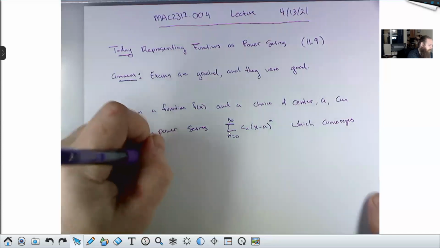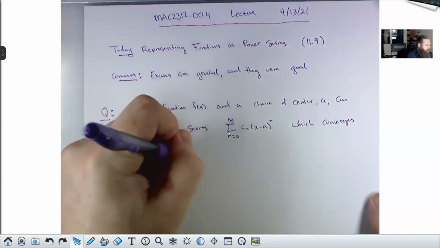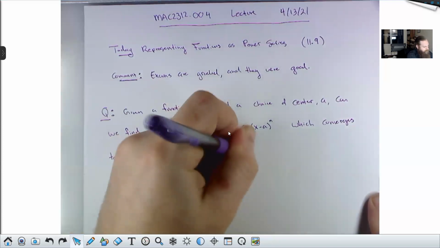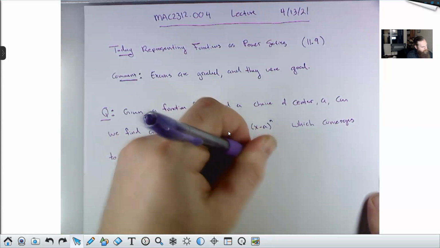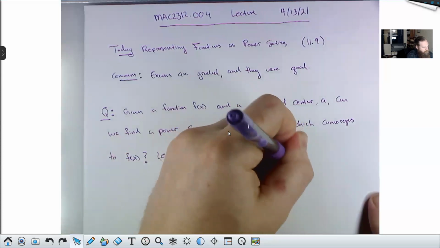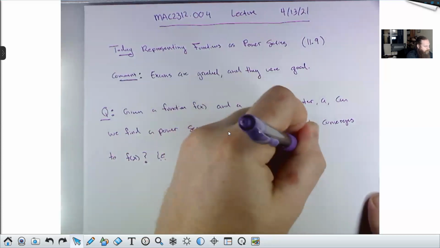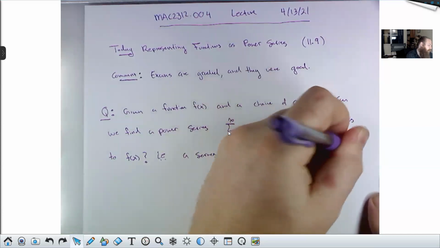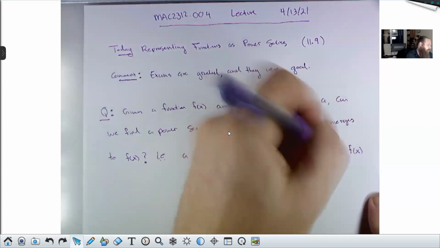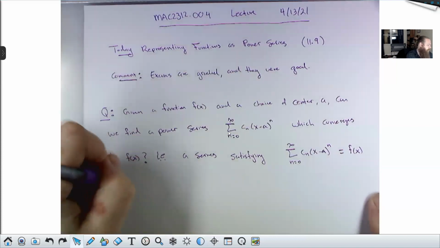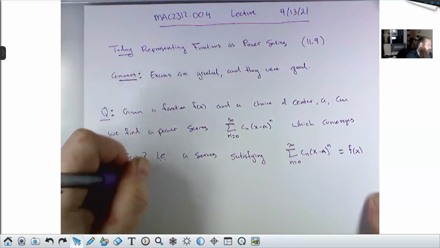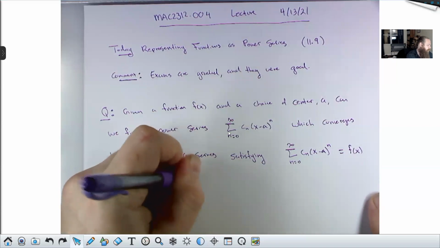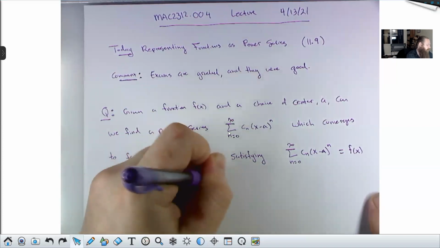So again, what we mean by this is, i.e., a series satisfying sigma n from 0 to infinity of Cn (x minus a) to the n that is straight up equal to f of x, at least for all x in the IOC, interval of convergence for that series.